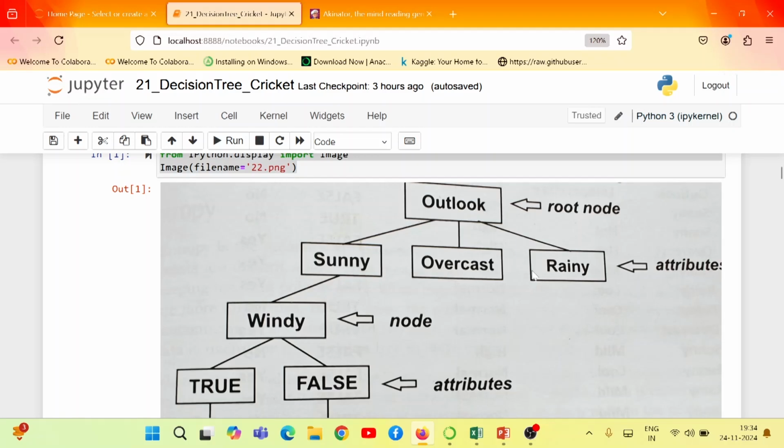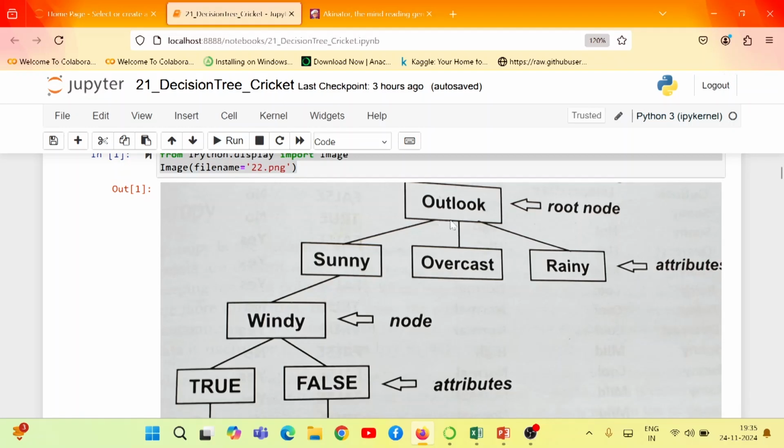In this decision tree, the topmost node is called the root node. For example, Outlook is the root node over here, which represents the outlook of the day.